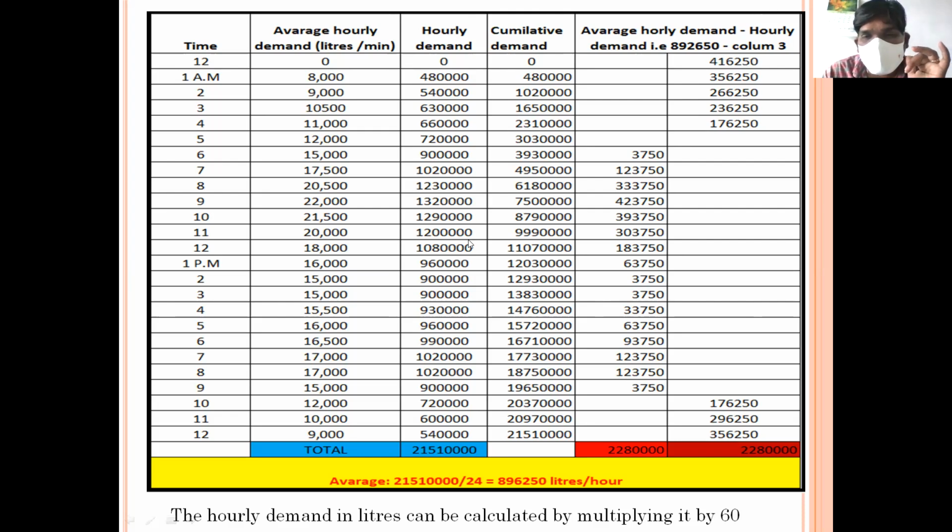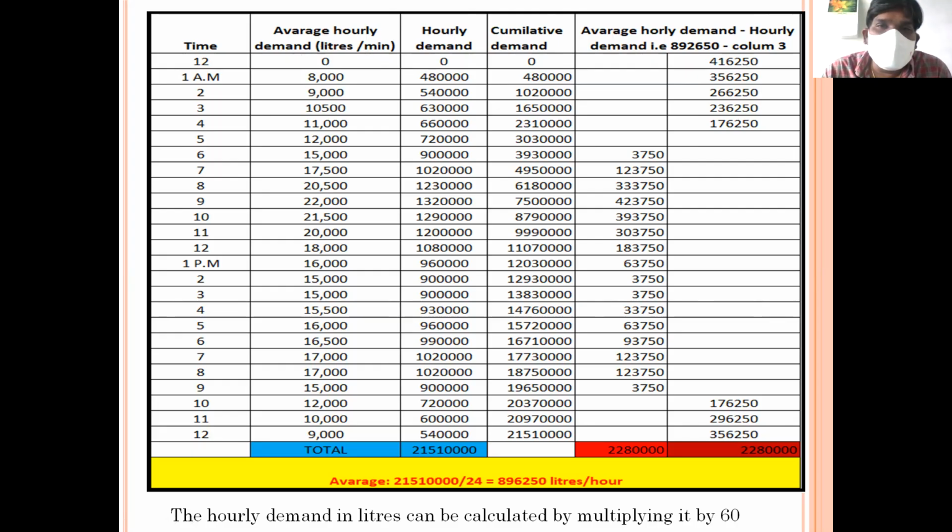To get the hourly demand, multiply by 60. The given average demand is per minute, and by multiplying it by 60 we get the hourly demand. Per minute 8,000, per hour 4 lakhs 80,000.